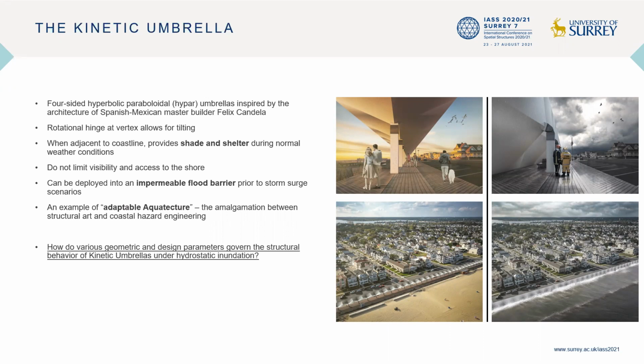This is unlike a typical flood wall. Due to this hinge, they can be deployed to form a physical barrier to protect communities from storm surge flooding. Hence, kinetic umbrellas are an example of adaptable architecture, which represents the amalgamation between structural art and coastal hazard engineering.